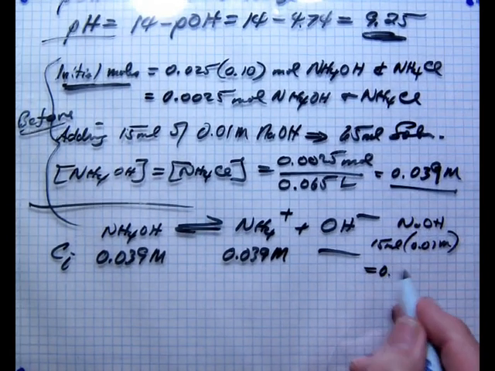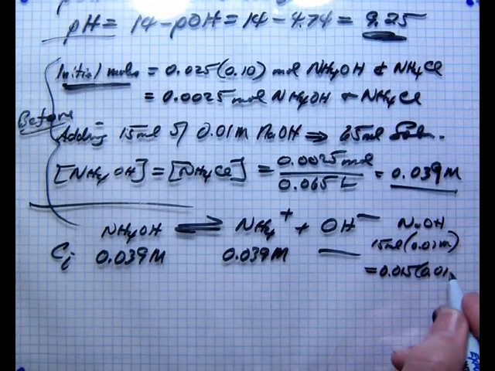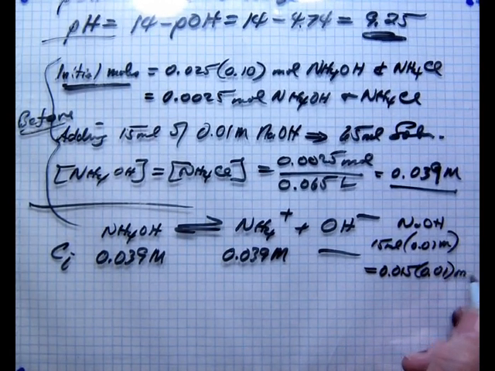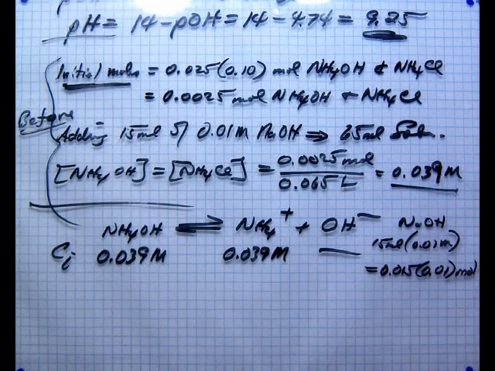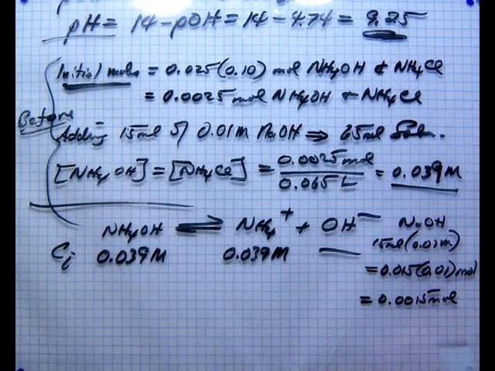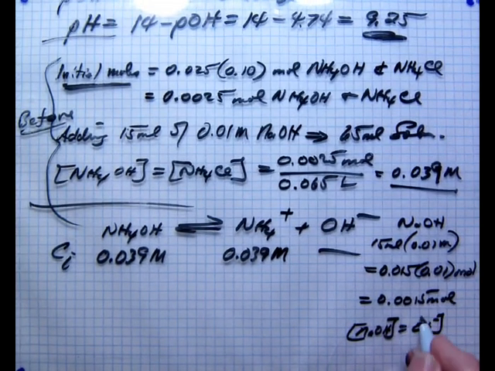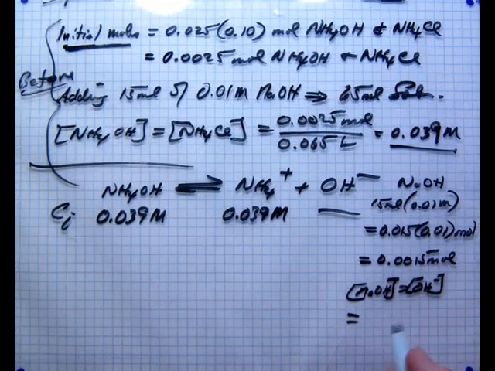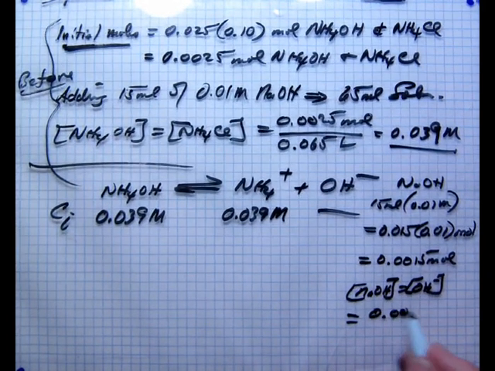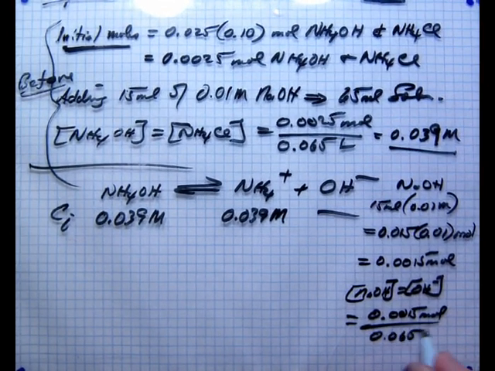And that's 0.015 times 0.01 mole of the sodium hydroxide, which is 0.0015 mole sodium hydroxide, and the concentration of sodium hydroxide equals the hydroxide concentration, and that is now 0.0015 mole in 65 mils, or 0.065 liters.